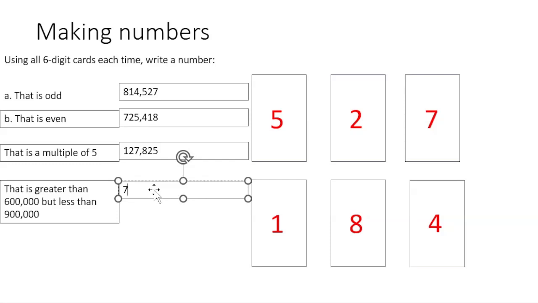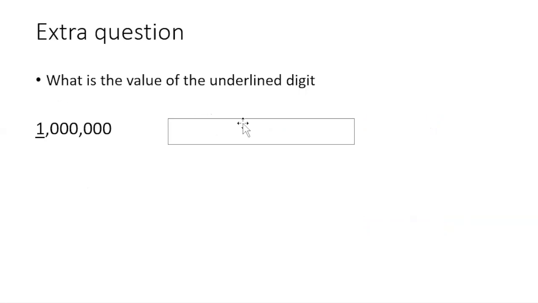So I'm just going to put 725,184. If you read that number aloud, we have 725,184. So that number is greater than 600,000, but it is also less than 900,000 as well. And just a little extra question here is put on the end. We have a number.